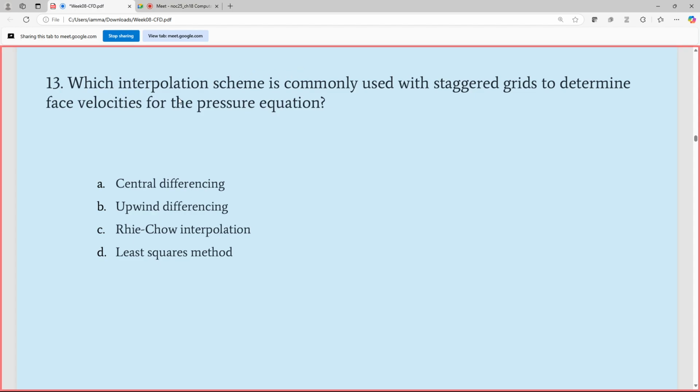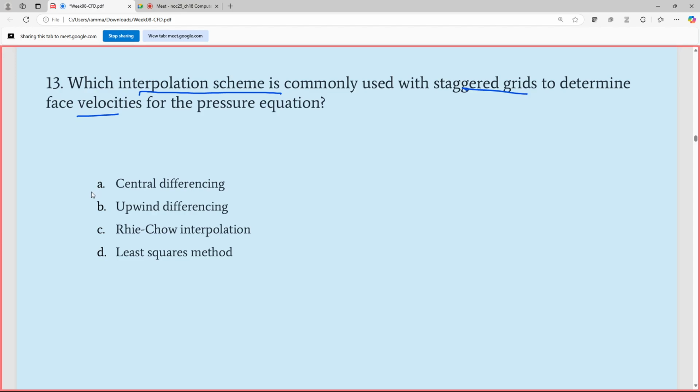Next question. Which interpolation scheme is commonly used in staggered grids to determine the phase velocities for the pressure equation?